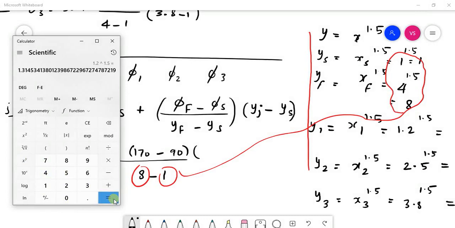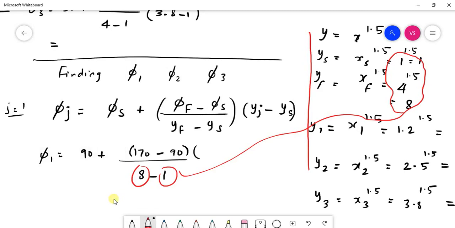So this number here is 1.314. So that 1.314 minus ys, which is 1. So this gives you a value of phi 1.